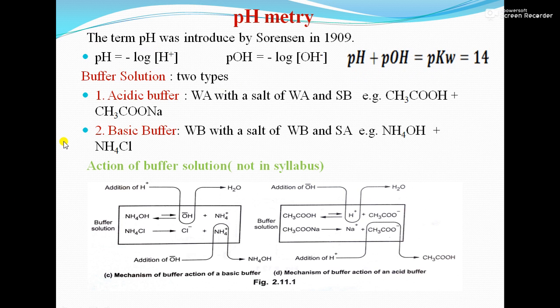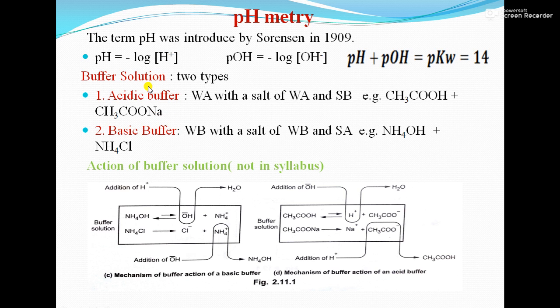Then there are two types of buffer. One is acidic buffer and the second is basic buffer. So what is an acidic buffer? How is it prepared? An acidic buffer is prepared by mixing a weak acid with a salt of the weak acid and a strong base. Weak acid, as we saw in the last lecture, is acetic acid, and the salt of weak acid and strong base is sodium acetate, from acetic acid, a weak acid, and NaOH, the strong base.